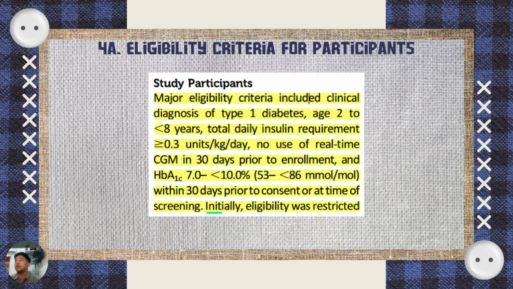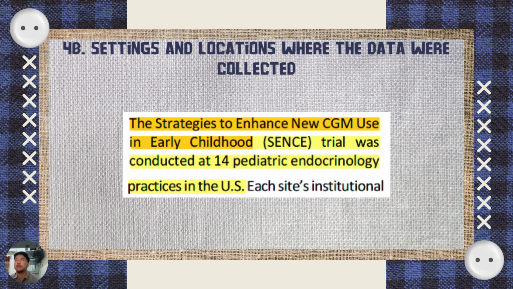Next, for 4B, setting and location where the data were collected. The trial was conducted at 14 pediatric endocrinology clinics in the US, which gives context for generalizability, satisfying item 4B.